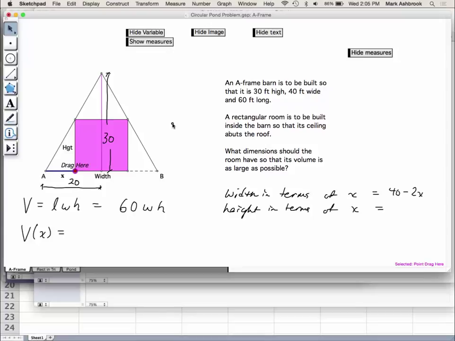Isn't the height relative to x the same as 30 relative to 20? Yeah, so you have proportionality. You have similar triangles. Do you see that in geometry? So what could we do? We could say that the height over x is what? It's basically a 3-to-2 ratio, right? So the height in terms of x is 1.5 times x.